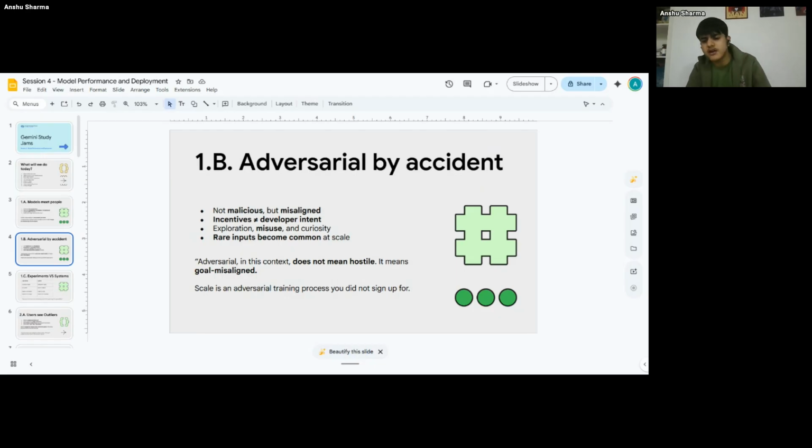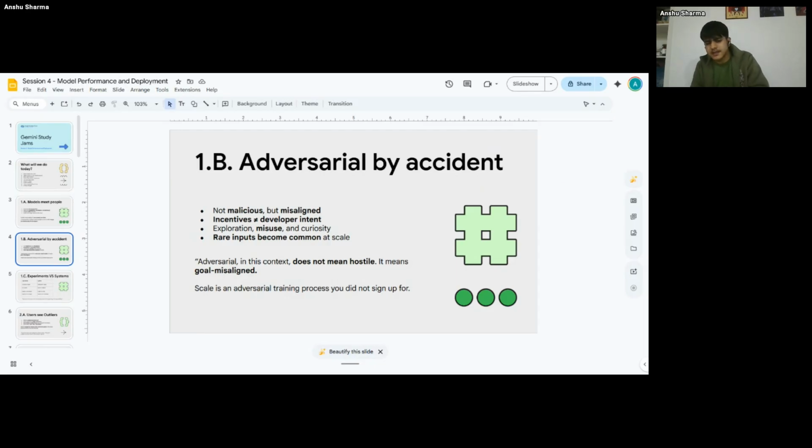Users might not want to break the model, but because there are so many of them, it is possible some of them write prompts that are not malicious, not deliberately trying to break our models, but just misaligned with what we wanted the model to do. So the example was asking an Amazon customer query chatbot how to make pasta, or who is the president of France, right? Those are not questions that our model is trained to handle.